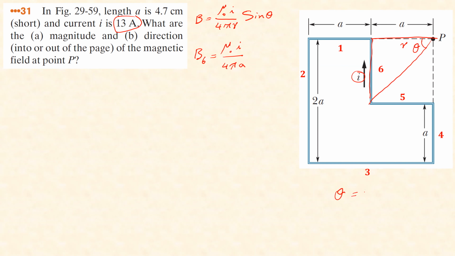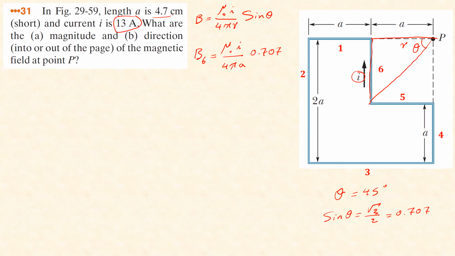Yes, theta is 45 degrees, and sine theta is square root of 2 over 2, which is 0.707. So this becomes 0.707, and A is given also. So this is B due to segment 6.